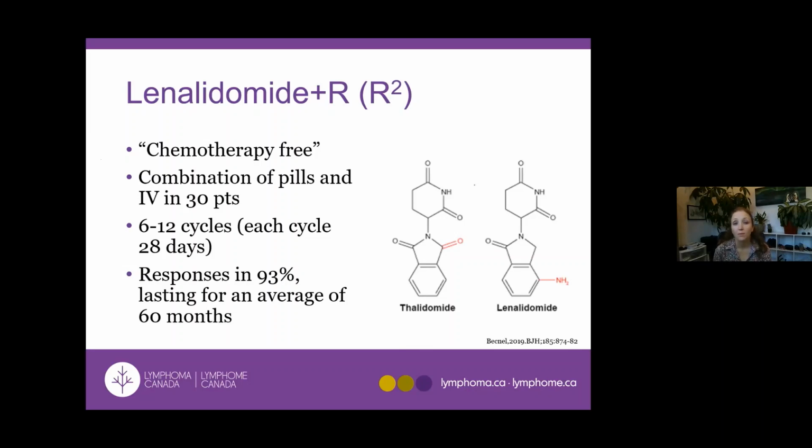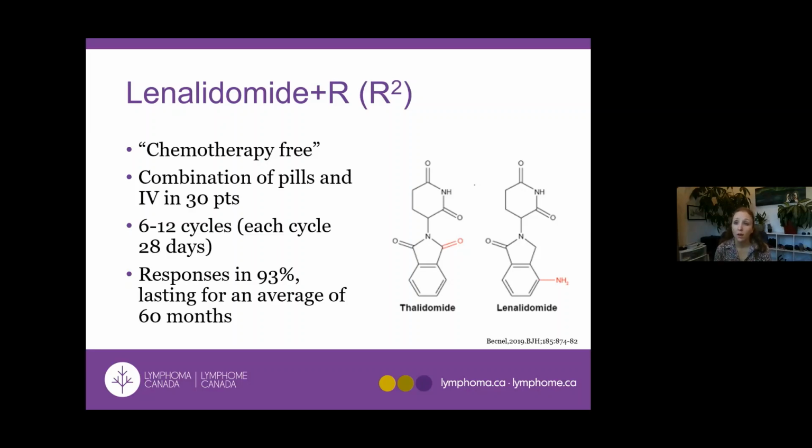The lenalidomide is considered an immune modulatory agent, and the rituximab is an antibody. This is given for 6 to 12 cycles. Generally, each cycle is 28 days, so it's pills for 21 days and an IV treatment. And we see that there are responses in, again, over 90% of patients, lasting on average 60 months.